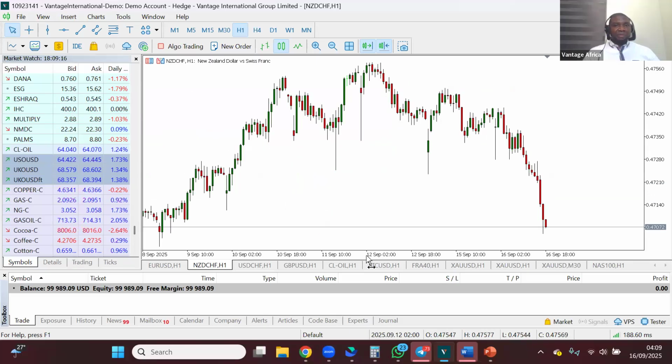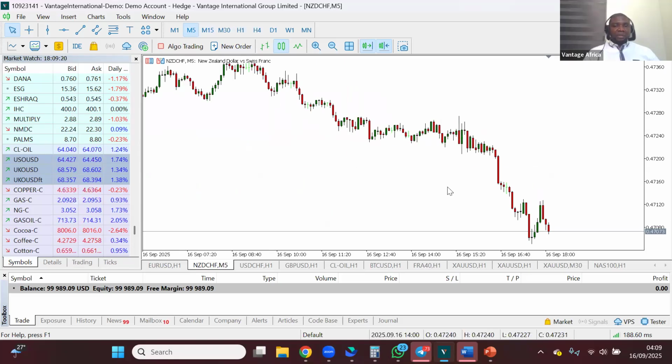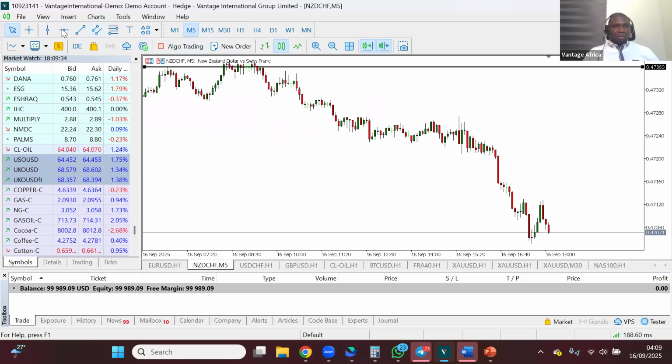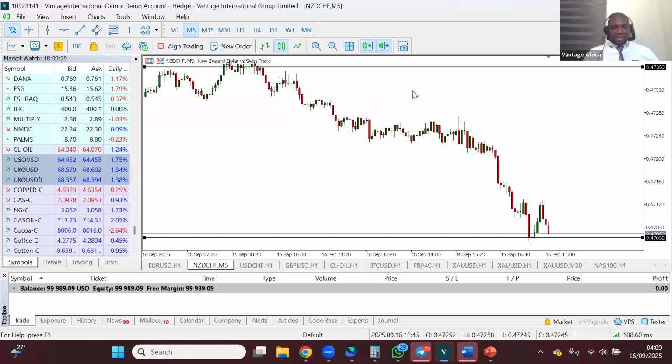Now, this is 1 hour. Let's go to, let's say, the 5-minute time frame. Now you see that the market is trending downwards. The market is coming downwards. You can see from this top here all the way to this down here, that is price heading downwards.